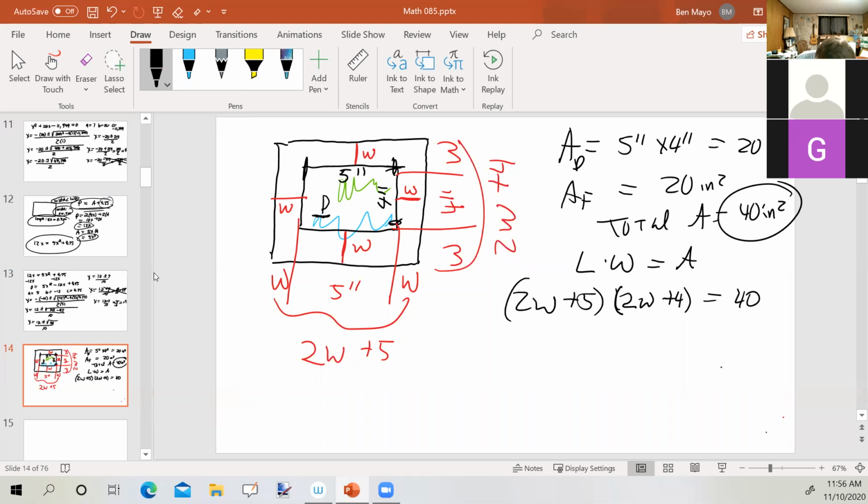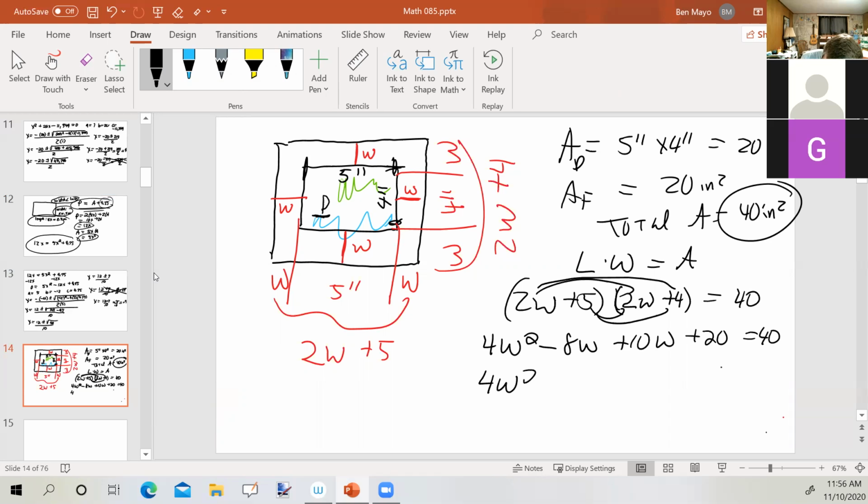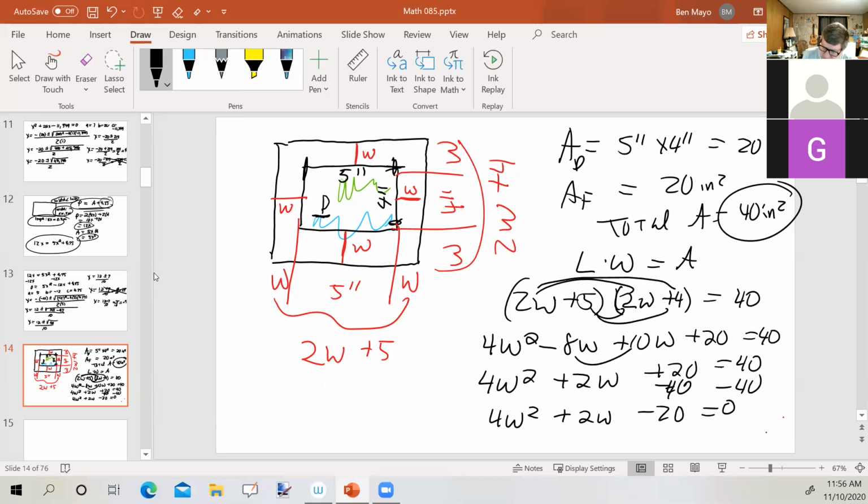We're going to FOIL that together. We get 4w squared minus 8w plus 10w plus 20 equals 40. Combining like terms, 4w squared plus 2w plus 20 equals 40. Subtract 40 from both sides. 4w squared plus 2w minus 20 equals 0.